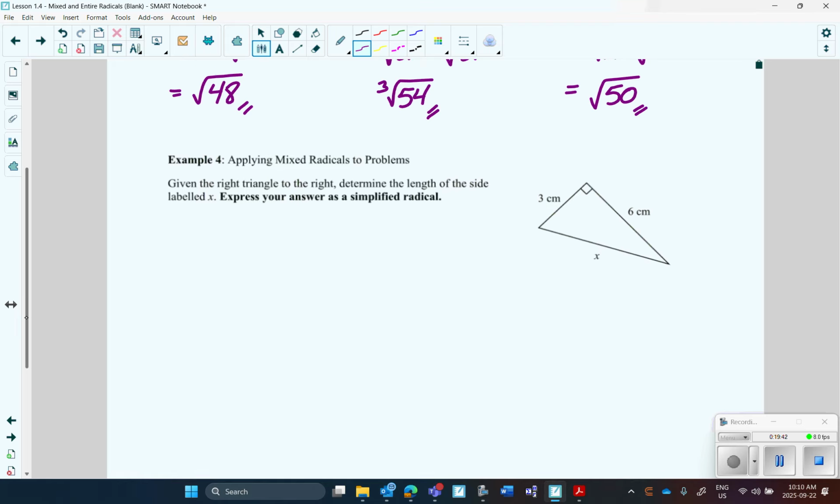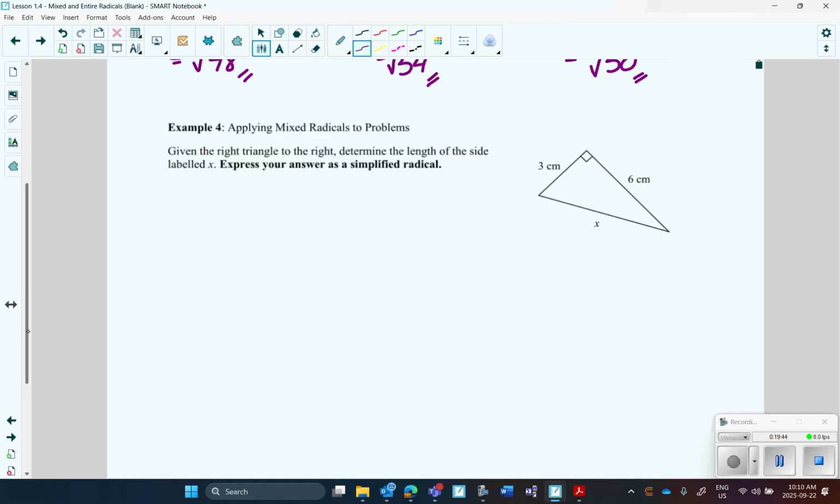Okay, here's an example where we can actually use it. We've got a right triangle. We're asked to find a missing side. What's that formula? A squared plus B squared equals C squared. Pythagoras. Well, remember A and B are the lengths, so it's 3 and 6.